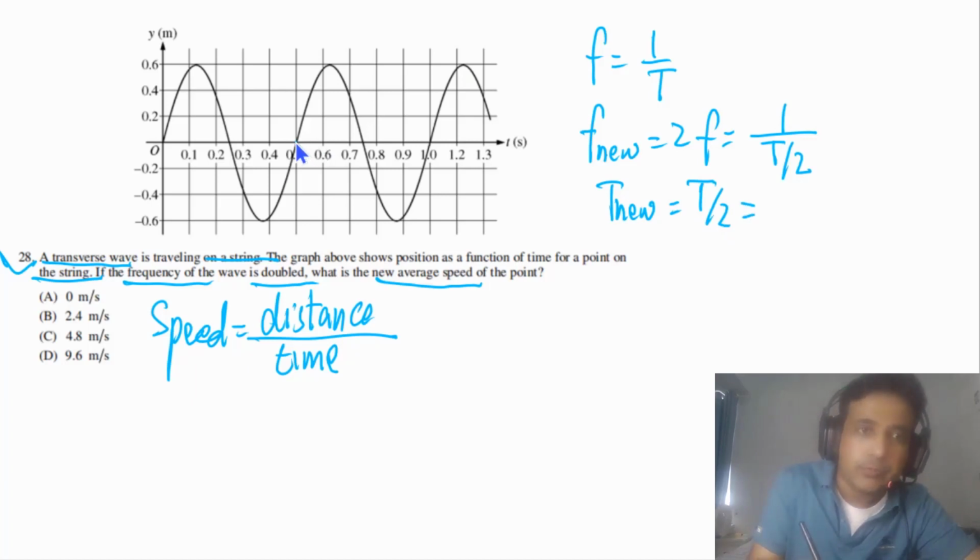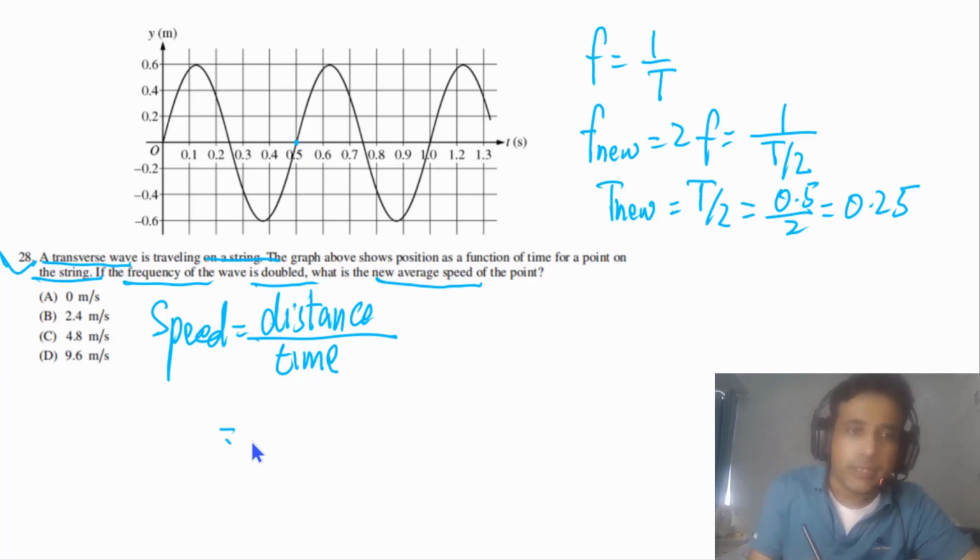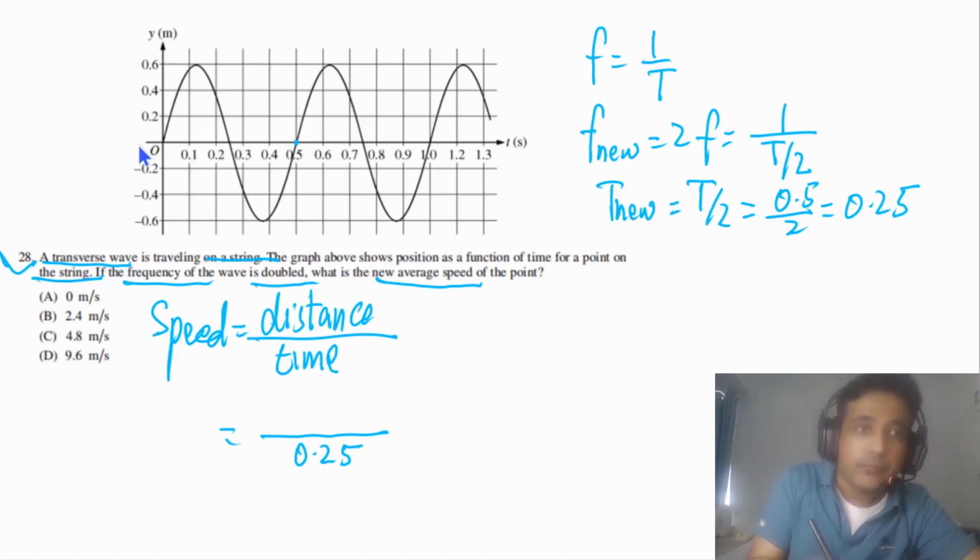So time period simply you can read from here, we have 0.5 divided by 2, so the new time period is equal to 0.25. So we can write here time period is equal to 0.25 second, and in one time period, the total distance traveled by the particle in one time period.